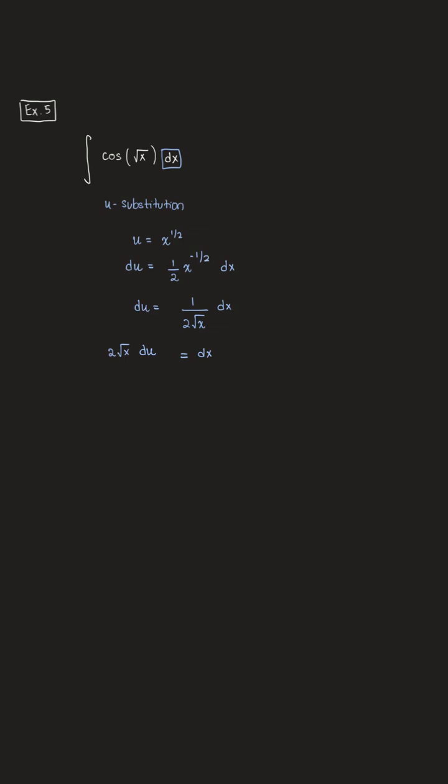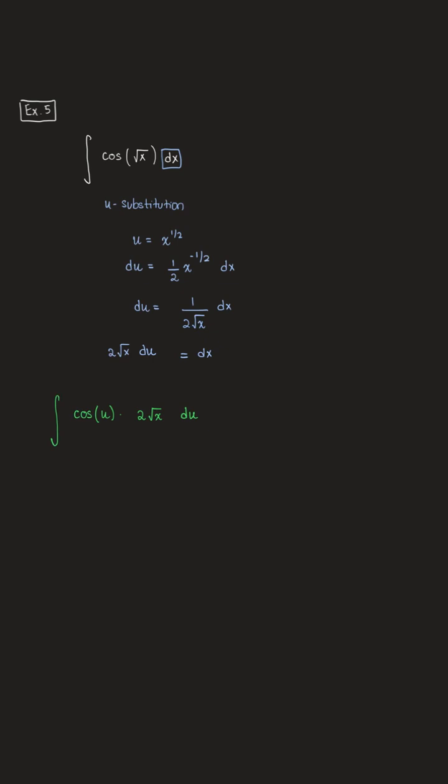All right, let's write our integral in terms of u. So we have the integral of cosine, well, square root of x is u, and dx is 2 root x du.